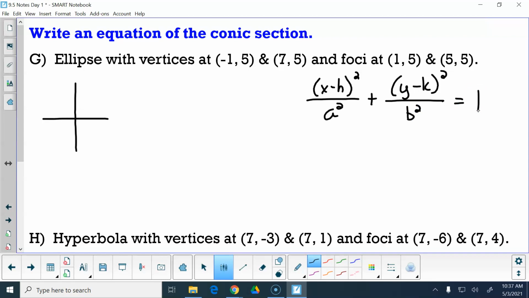We just got to figure out h, k, a, and b. It tells me that I've got vertices here and way over here, and foci here and here. So the midpoint between those two pairs is going to be my center.